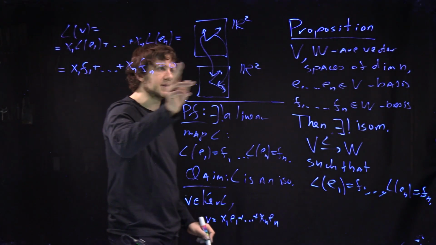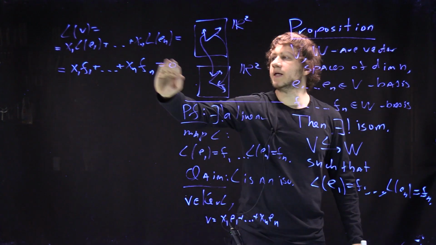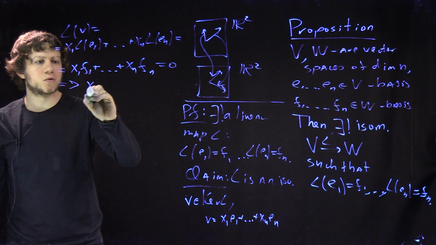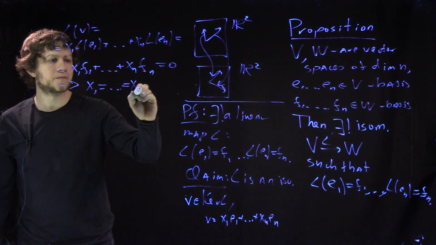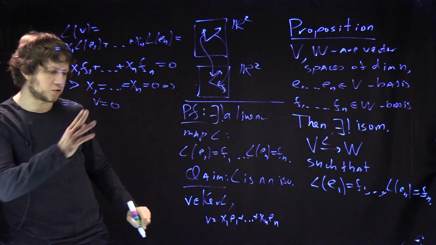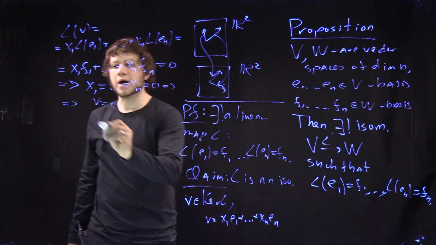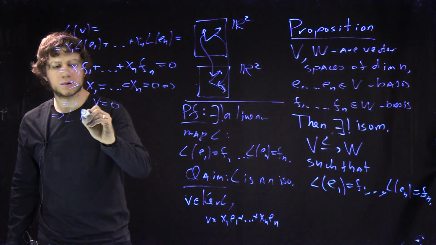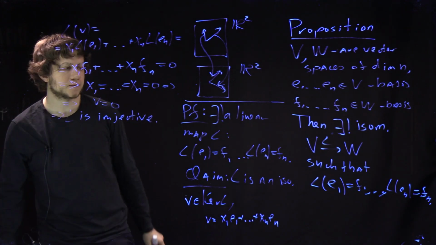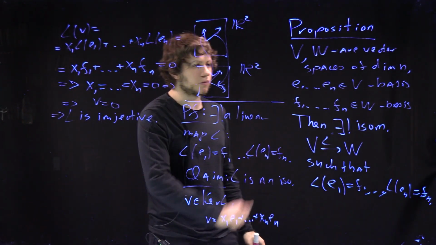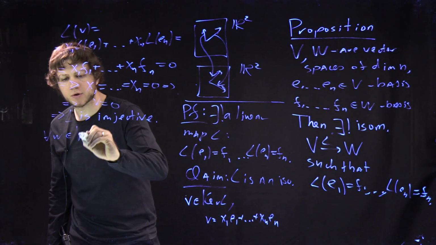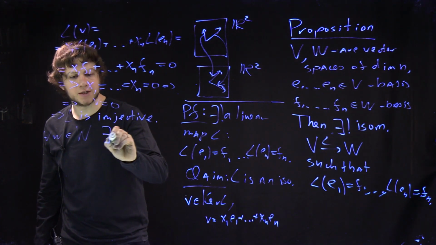But this is a basis in W, so a linear combination of basis vectors is 0 if and only if all the coefficients equal 0. And then it just means that V is 0. So the kernel is just 0, so L is injective. And similarly we prove it's surjective. For every W in W, we know that you can write it in a basis.